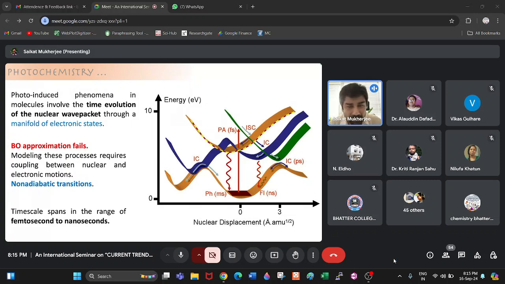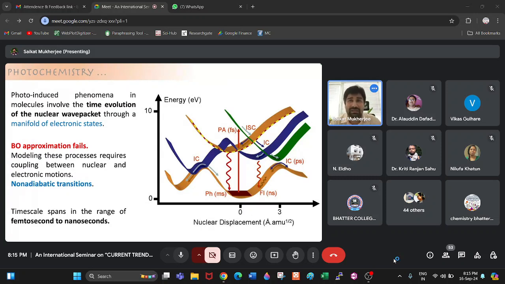What is the Born-Oppenheimer approximation? It says that nuclei are much heavier, so they move very slowly compared to electrons, so we can decouple the motion. But now in this excited states region, when all the excited states are approaching each other, you cannot decouple the electronic and nuclear motion.